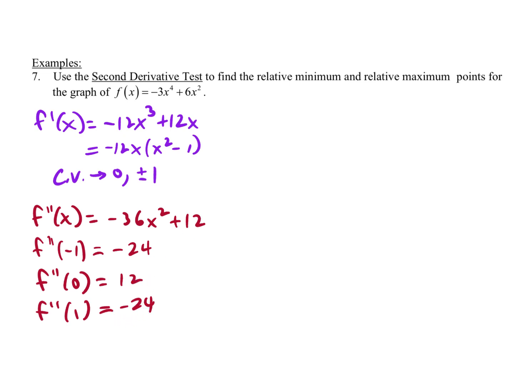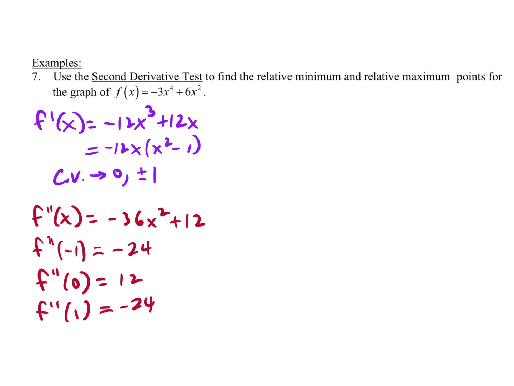Okay? So what does that tell us? Now, it does ask for the points. This tells us the x values of the minimum and maximums, the relative max. So I plug negative 1 in, and these two are maxes, right? I didn't write those down, so I'm going to write those down.